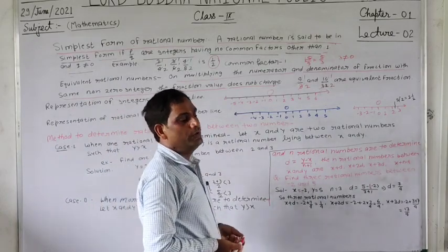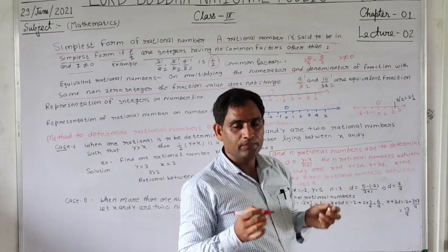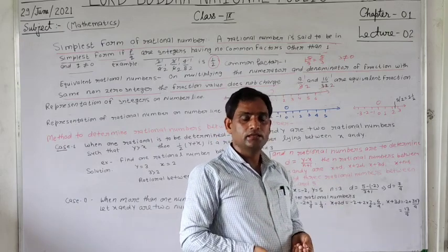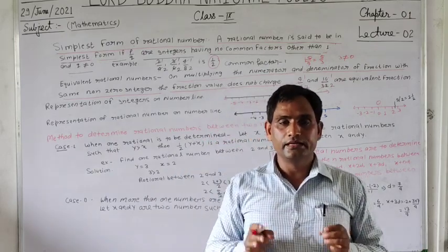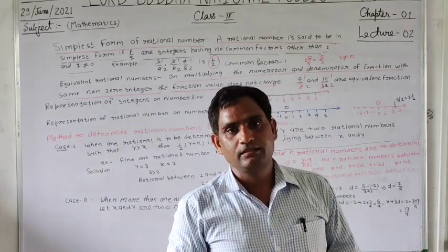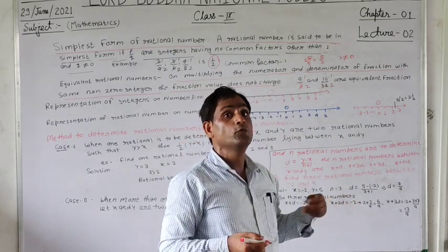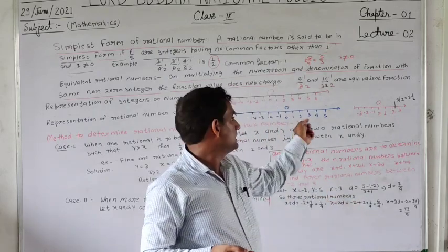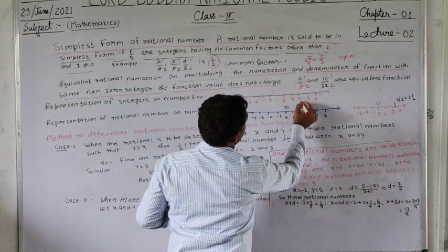Now we will represent a given integer on the number line. If anyone says to represent 4 on the number line, then we count the sections: first, second, third and fourth.